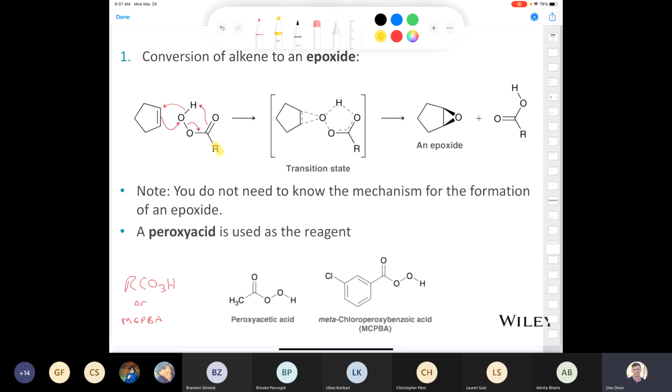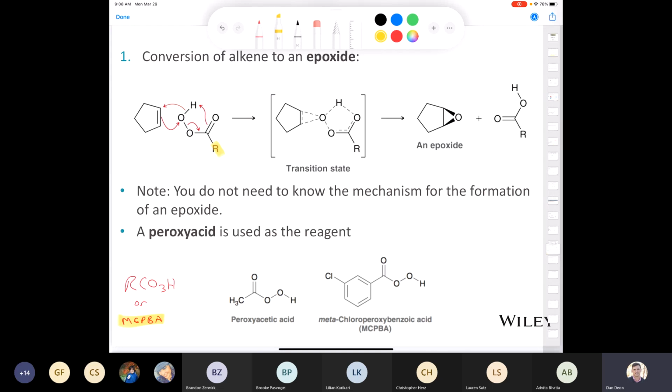And I'll be honest with you, most of the time I'll write MCPBA, which stands for metachloroperoxybenzoic acid. It is probably the most commonly used reagent for forming epoxides in anti-dihydroxylation reactions like these, because it's a solid at room temperature, so it's easy to weigh out on a balance. And chemists love things that you can weigh out on a balance.